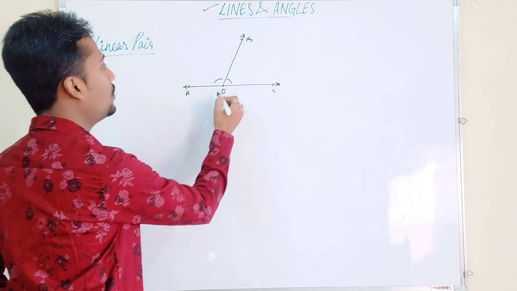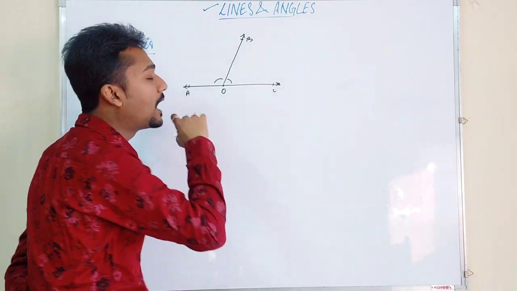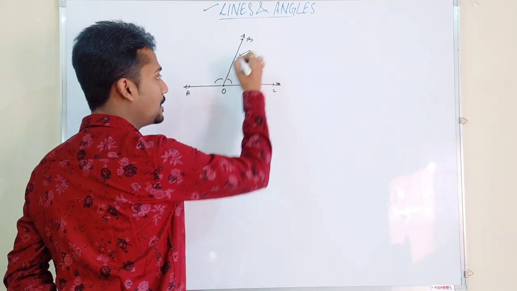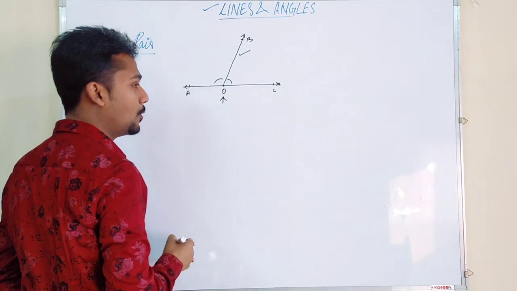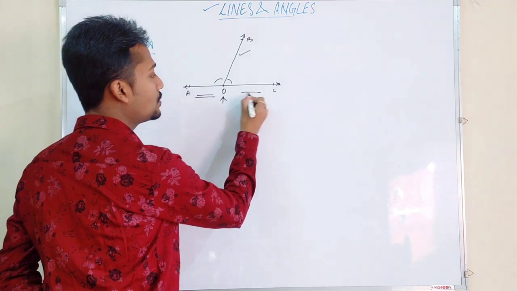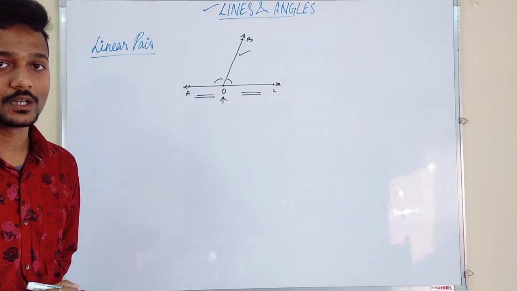So AOB and BOC are adjacent angles, isn't it? With common arm BO and vertex O. Which are the non-common arms? This is one of the non-common arms and this is the other non-common arm.